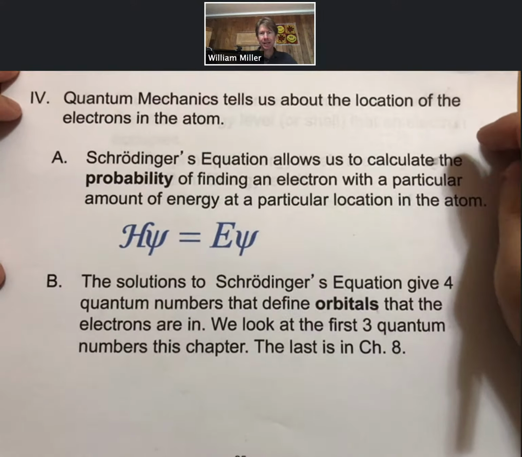That is the definition of an orbital, and we will see that the shapes are pretty varied, but that is always the definition of the orbital.